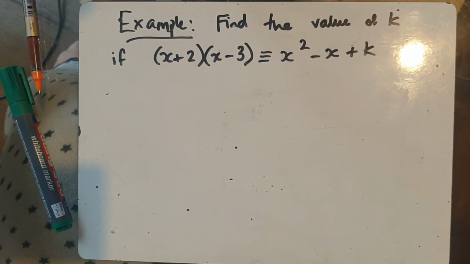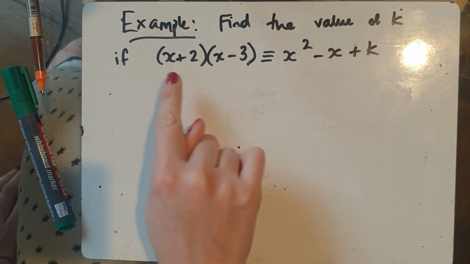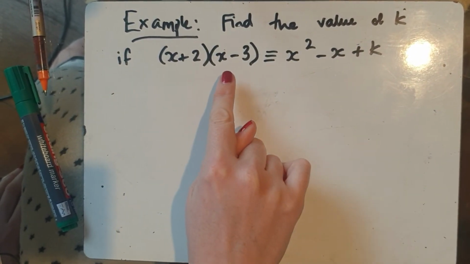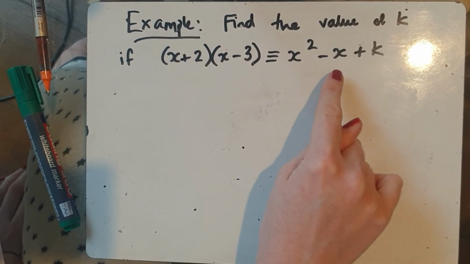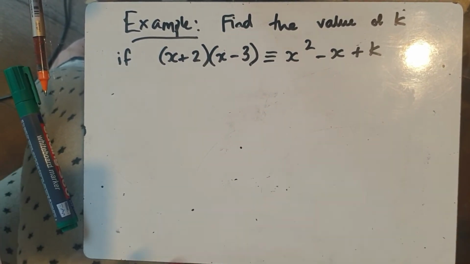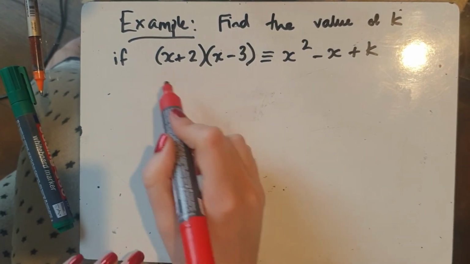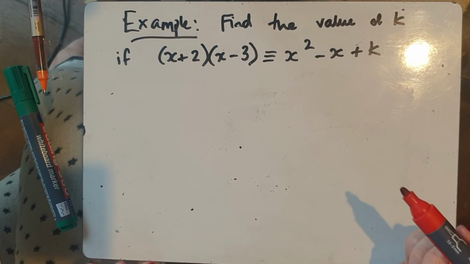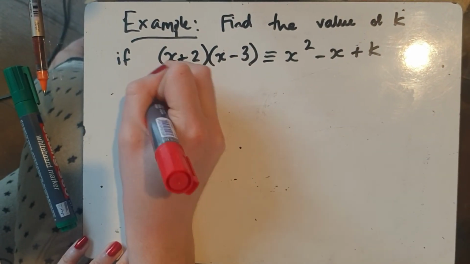So for this example, we need to find the value of k if x plus 2 multiplied by x minus 3 is always equal to x squared minus x plus k. So we need both sides to be exactly the same, essentially. So I'm going to multiply out this left-hand side.